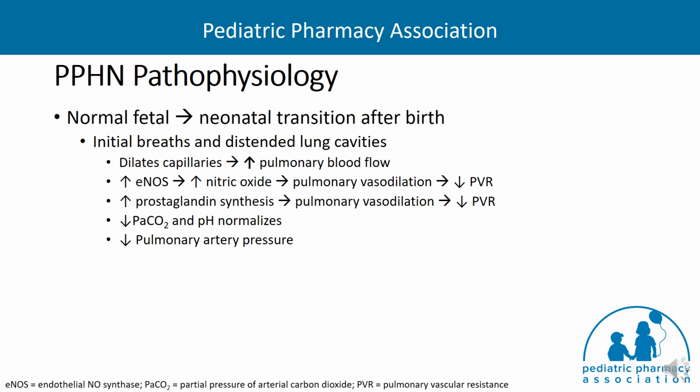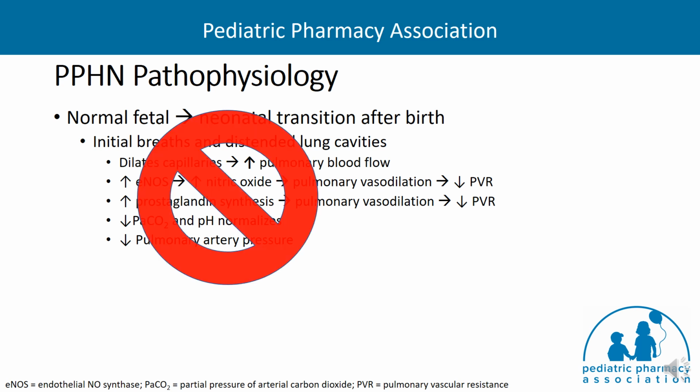Pulmonary artery pressure thus decreases by 50%, which permits pulmonary blood flow to increase in the baby by 10-fold. And then with each subsequent breath that the baby takes, the partial pressure of carbon dioxide, or PaCO2, decreases and their blood pH normalizes. So again, in simple terms for PPHN, that all does not go to plan and the transition is incomplete.